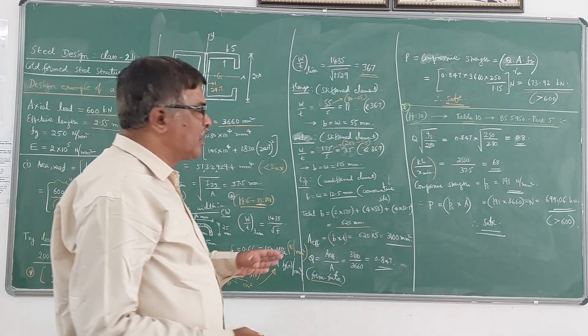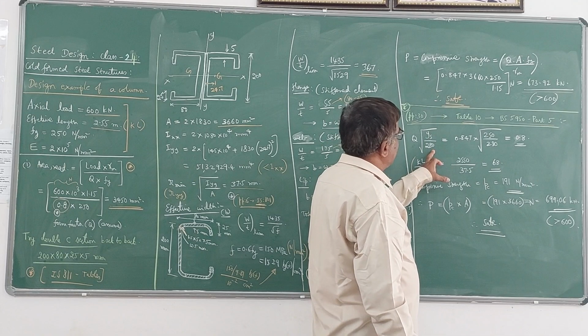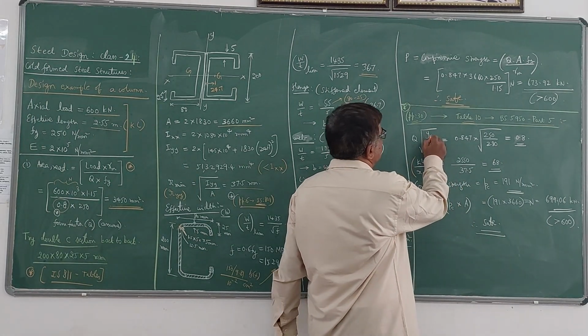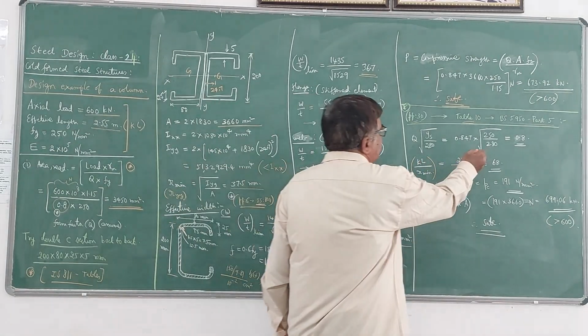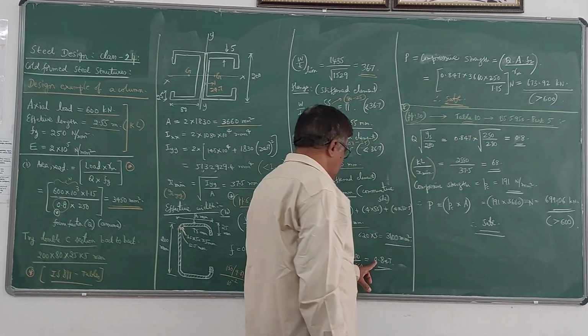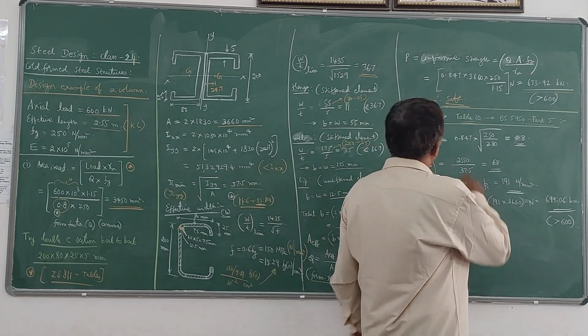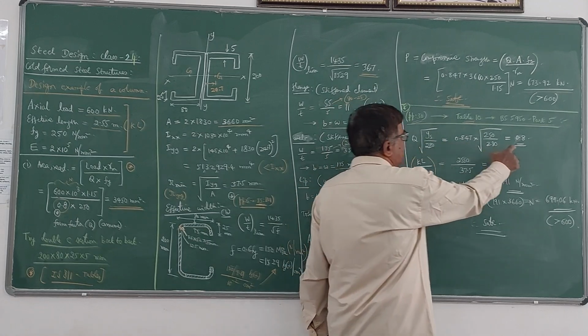If you refer to the code, I will calculate this value Q into root of Ys by 280. Here please note that Ys is the given yield strength, which is 250. So 250 by 280 under root into the Q value we got for this section, 0.847. If you simplify this, you get 0.8.